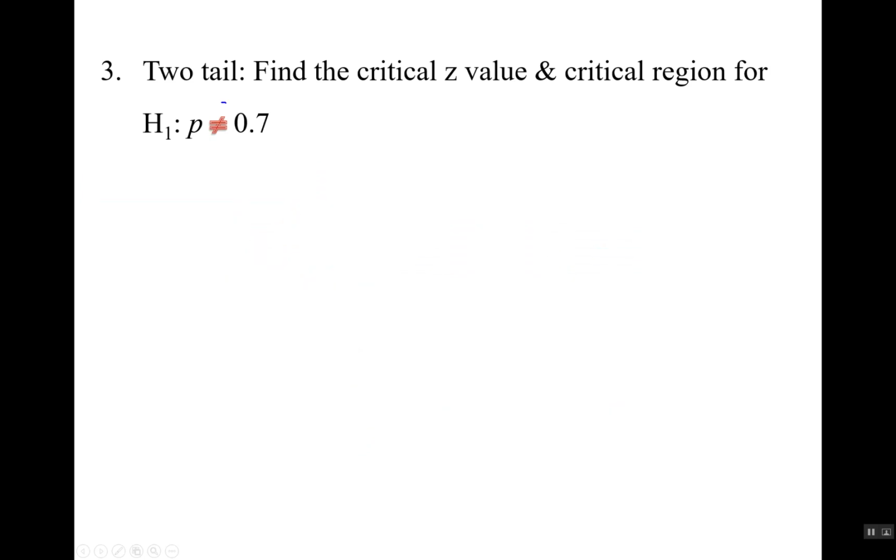Lastly, this is a two-tailed test. Let me explain that step by step. Again, let me draw a bell shape, because we are talking about the standard normal distribution. Now the alpha, which is 0.05, this time needs to be shared between two tails.